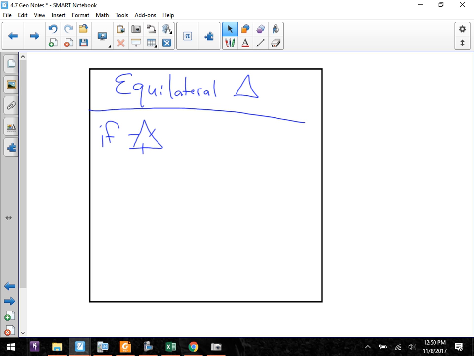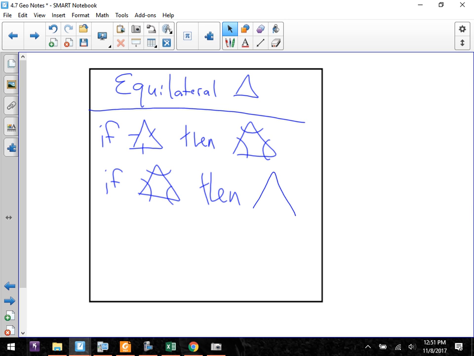Another way to write this is this. If all three sides are the same, then all three angles are the same. And again, like I said, it works the exact same way in the other direction. If all three angles are the same, then it gets you all three sides.